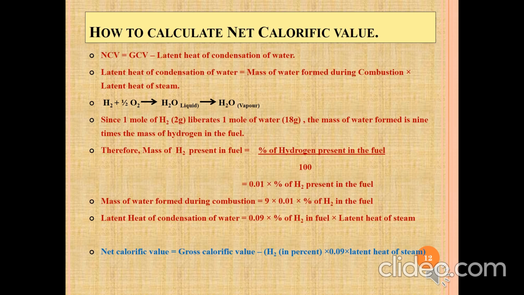Therefore, latent heat of condensation of water equals 0.09 into percentage of hydrogen in the fuel into latent heat of steam. Net calorific value is given as GCV minus percentage of hydrogen in the fuel into 0.09 into latent heat of steam.